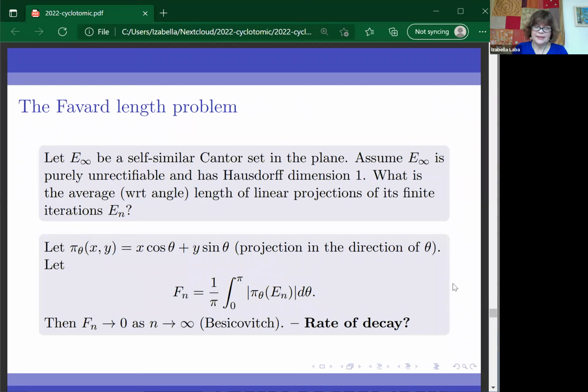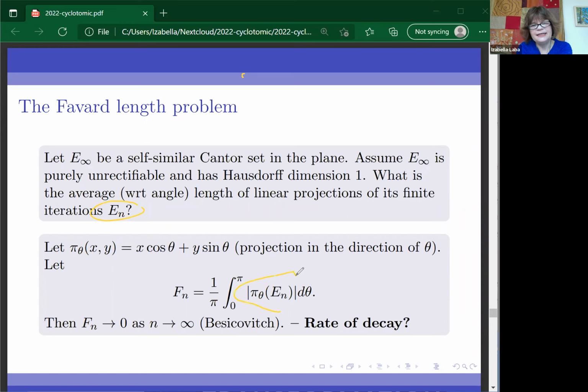A slightly more precise formulation is as follows. Define the projection in the direction of θ in the xy plane. So that's the usual expression that you know from calculus. And then for a self-similar set, we take the finite iterations of that. That's E_n.